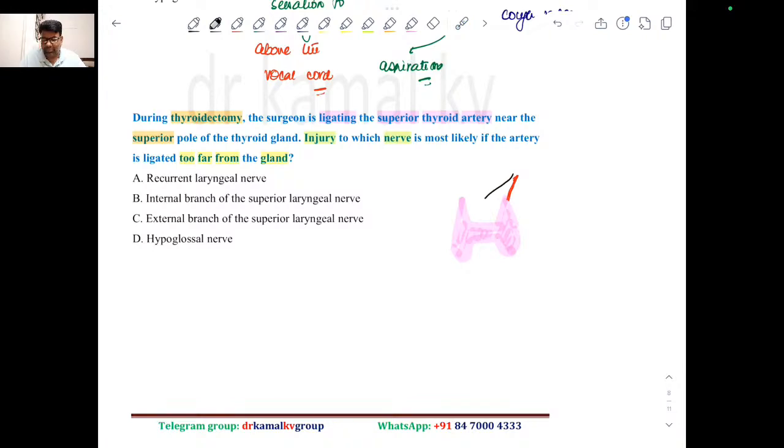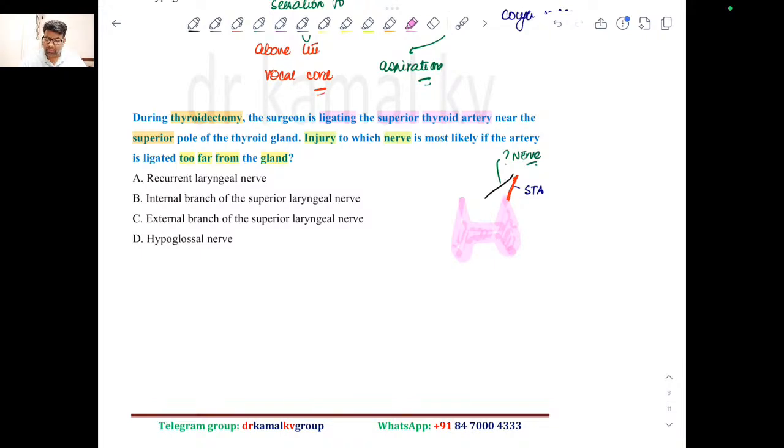I am drawing with blue, ideally the nerve should be drawn with yellow. So the surgeon makes a mistake here: he is ligating too far. If he is ligating too far from the gland, there are chances that this nerve can be ligated along with the artery. So this is the superior thyroid artery. Now the question is, which nerve is this? Yes, anyone?